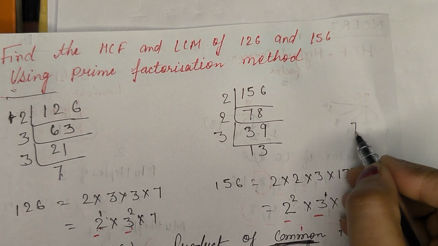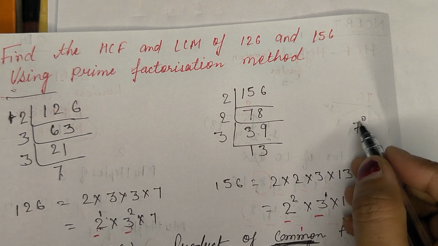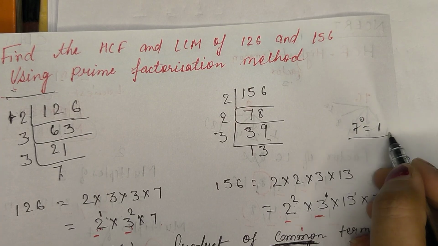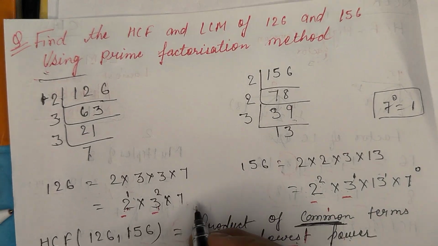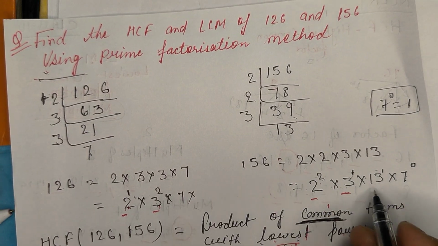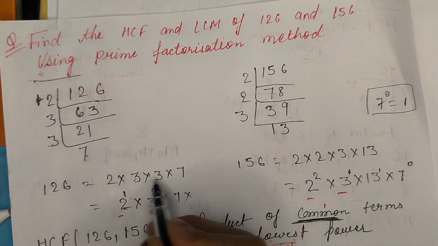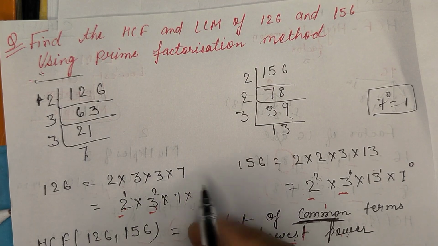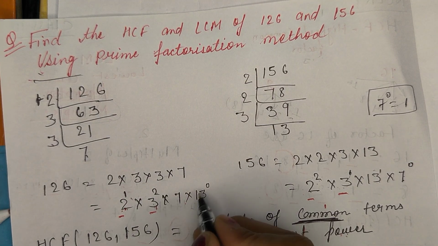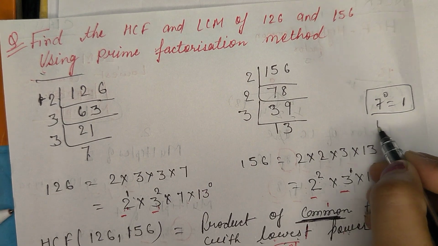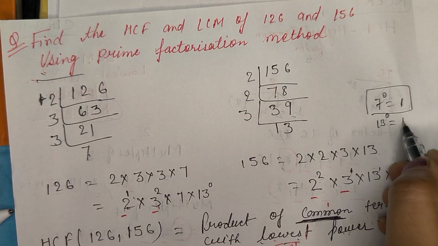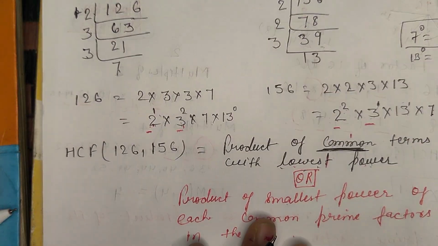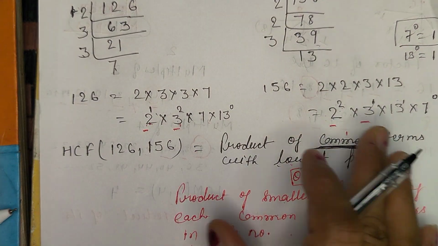We know that any number to the power 0 is 1, so it does not affect the numbers. In the same way, 13 is not mentioned in this number, so we write 13 power 0, which is 1.